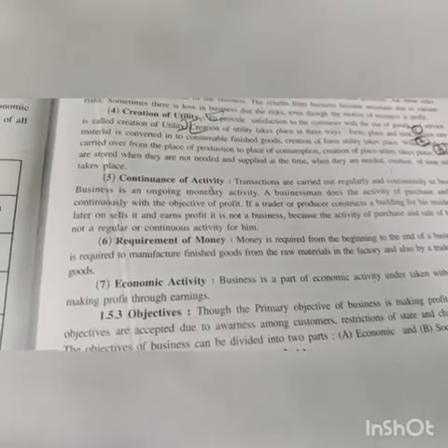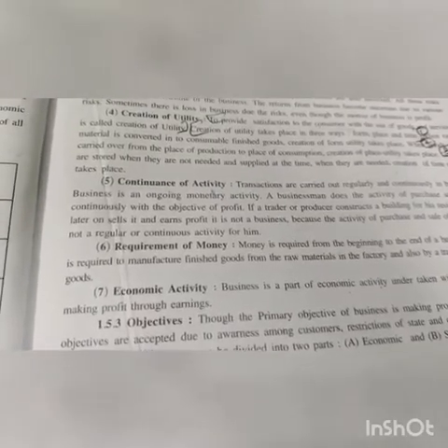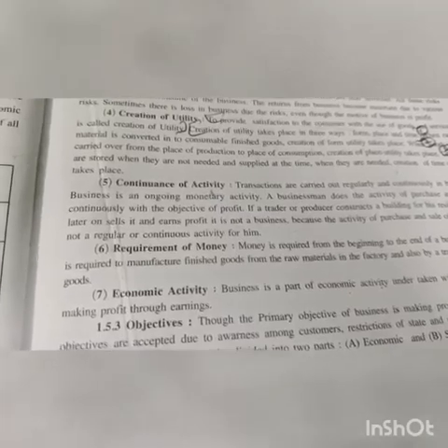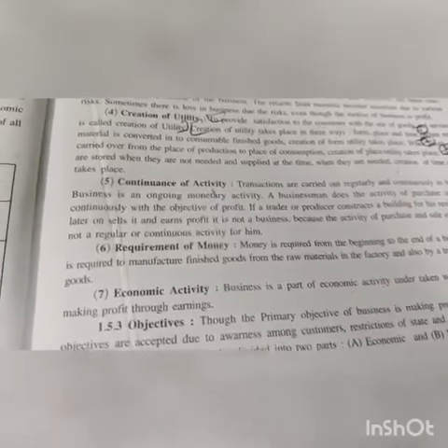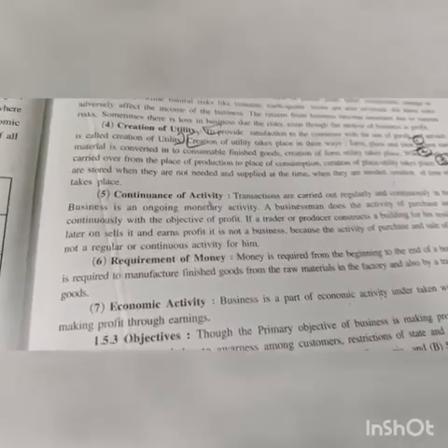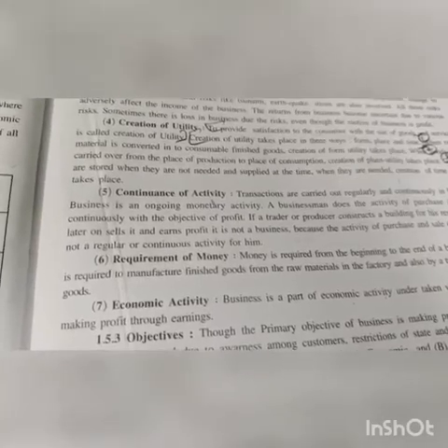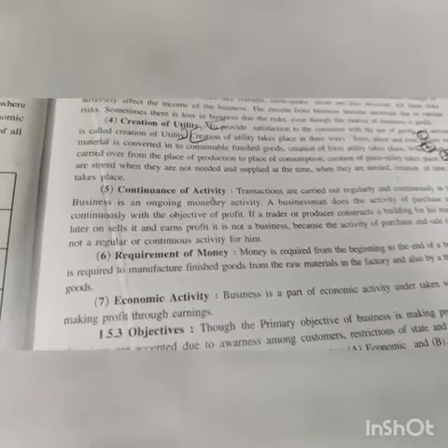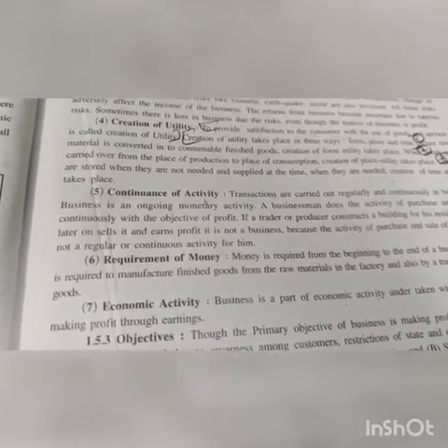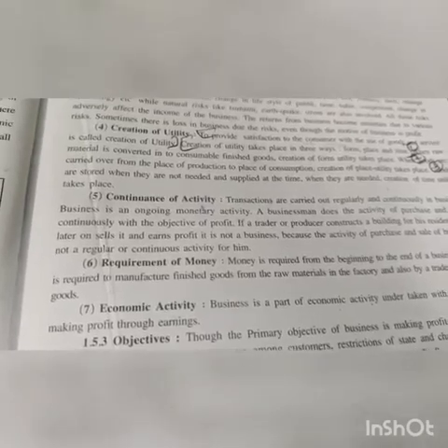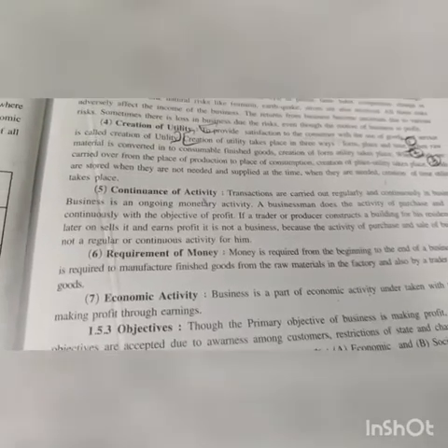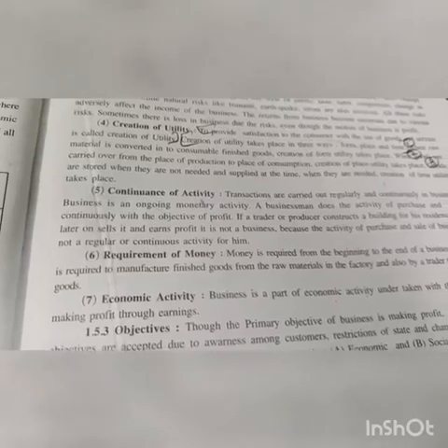This is not treated as a business. But a person who is doing a construction business, constructing buildings and then selling to different people, that will be treated as a business. So there is a difference in both the activities. This is also one of the characteristics of business.